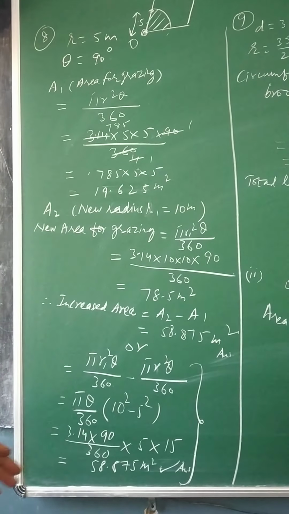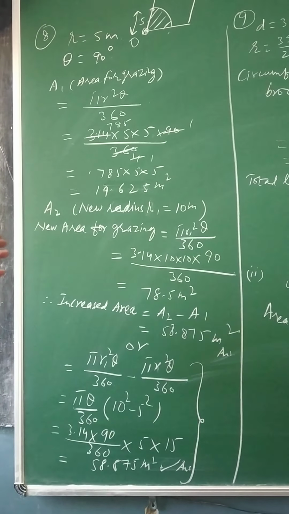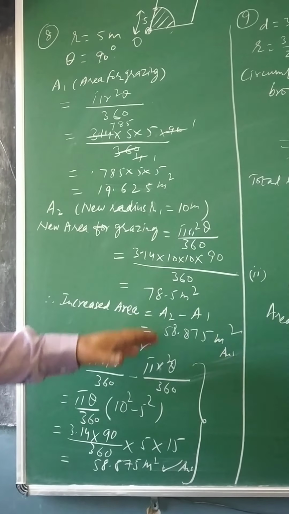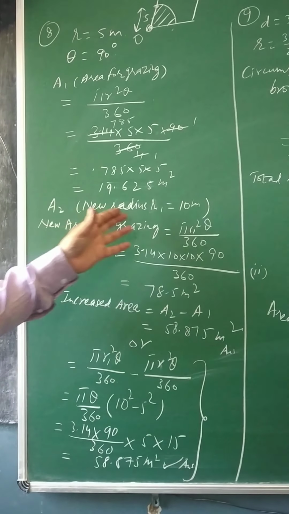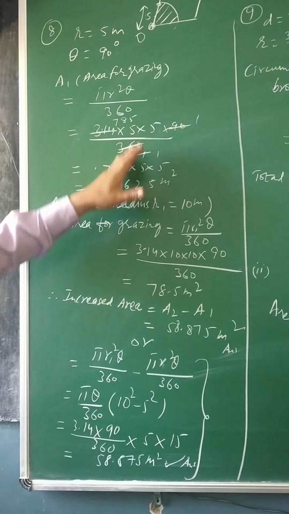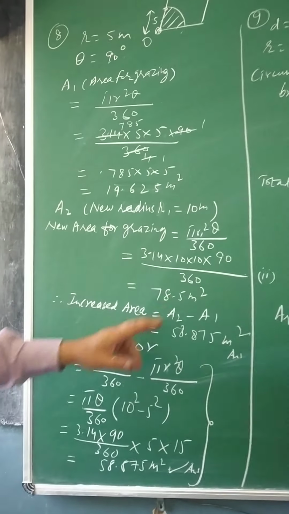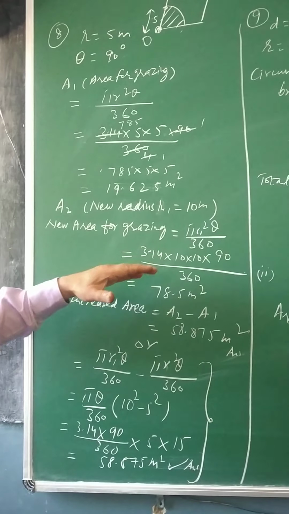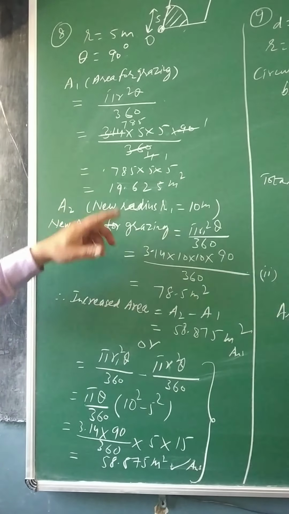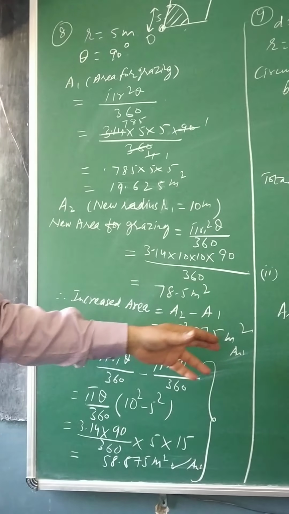That can be grazed by the horse. Secondly, if the rope is increased to 10 meter, then what is the increase in the area? Now instead of 5, you have to take the radius 10. The same procedure you need to follow, and then you find the increased area. In the second case the area is this, in the first the area is this, subtract the two and get the answer.